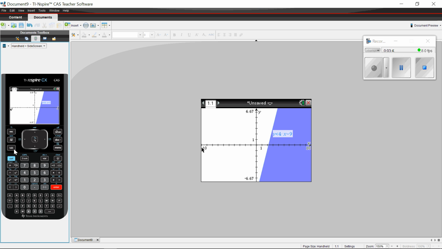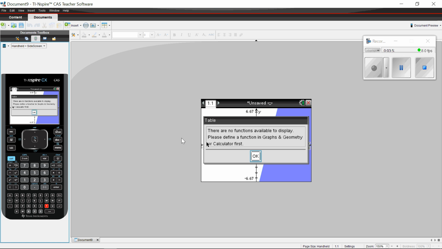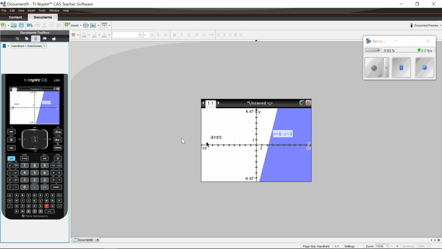It tells me the inequality should be shaded below the line with a dotted line. Unfortunately, if you try to hit Control-T, it tells you that there's nothing to graph. So you have to graph it as a line first, then check it. Put it in as an inequality and see, is it dashed, and where is the shading?